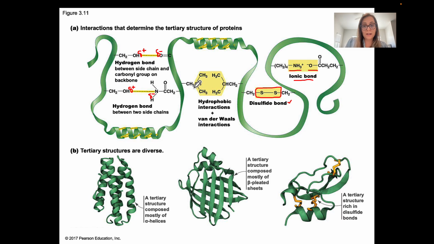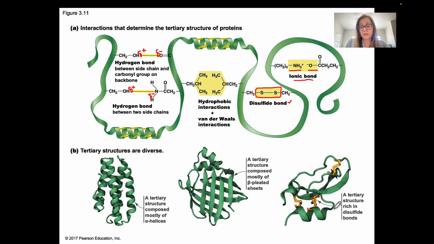So lots of bond types, pretty much all the bond types are involved in the tertiary structure, and R groups play a very important role. Tertiary structures are very diverse. You can have tertiary structures composed mostly of alpha helices, like this protein here. You can have tertiary structures composed mostly of beta-pleated sheets.